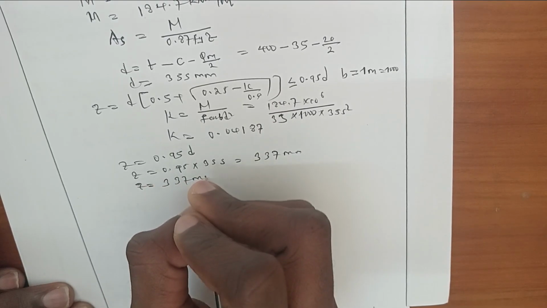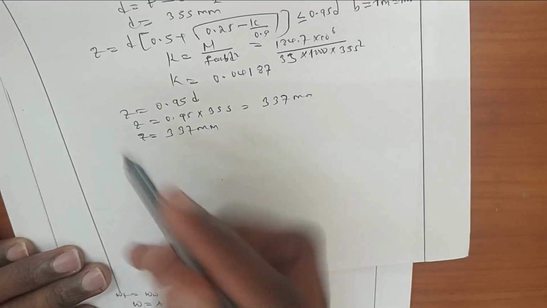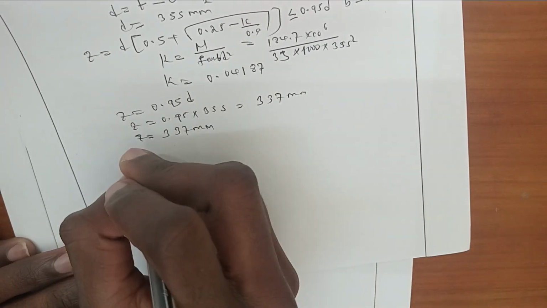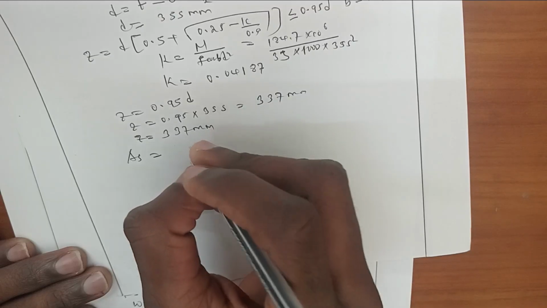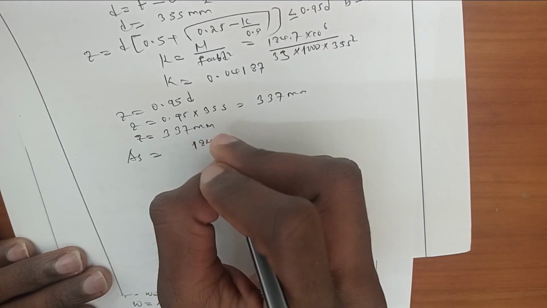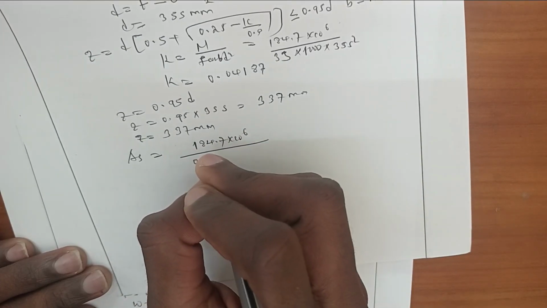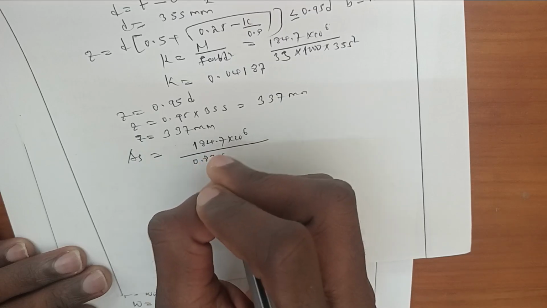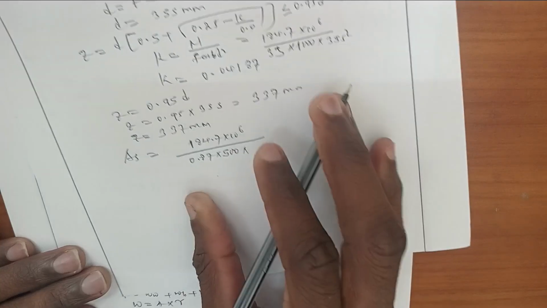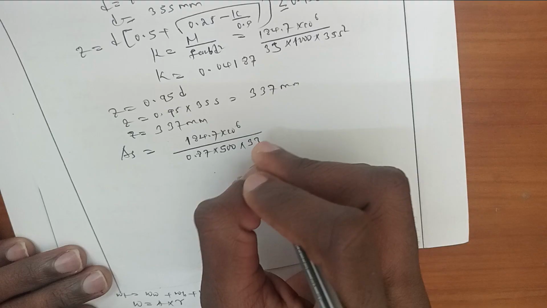337 millimeters. Now, let's substitute into this formula to obtain the area of reinforcement for the stem. It will be equal to the maximum design moment, which is 184.7 × 10^6, over 0.87 times Fy, which is 500, times the value of Z, which is 7.